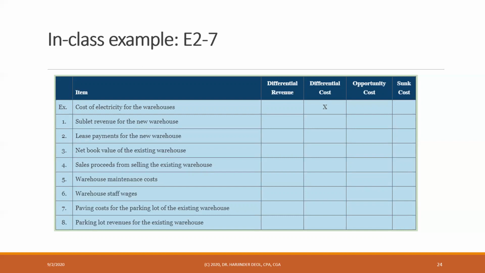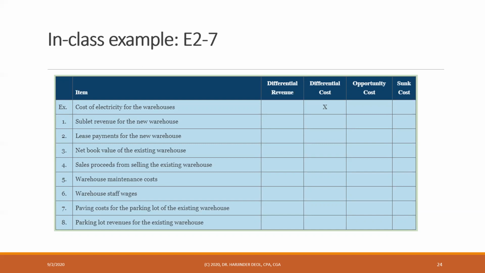And we are given 8 different cost items that we have to slot under differential revenue, differential cost, opportunity cost, or sunk cost. The first one is the revenue from subletting 15% of the new warehouse that the company intends to do.